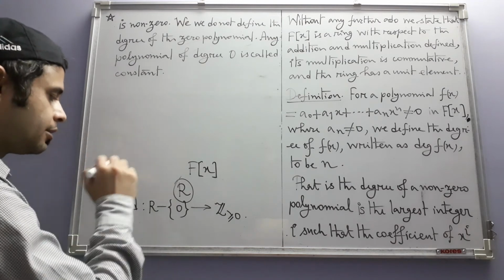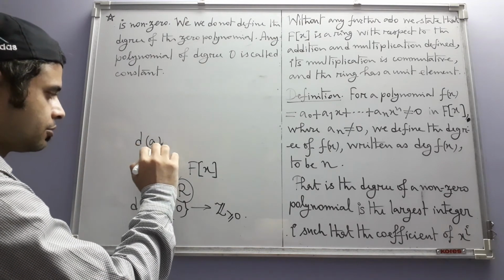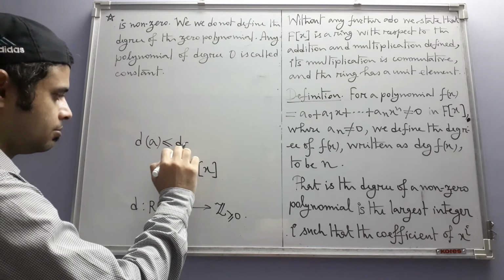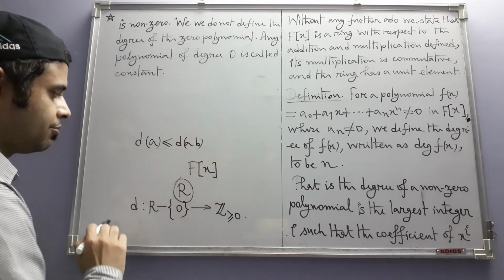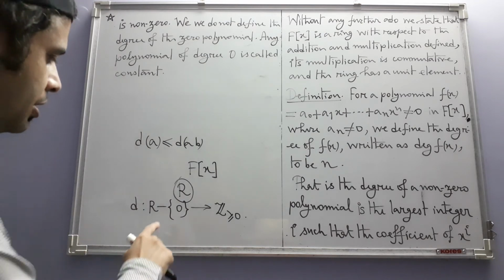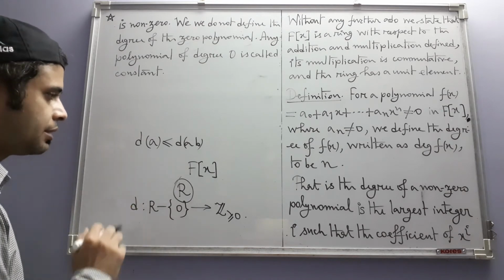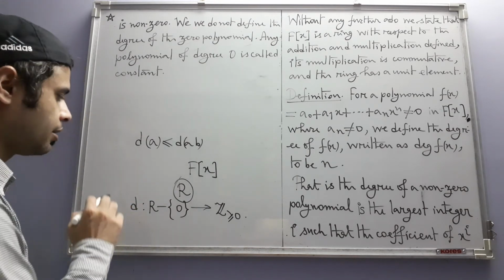One such property is that d(a) should be less than or equal to d(ab) for all non-zero elements a and b in the integral domain R. The second property is like the division algorithm.